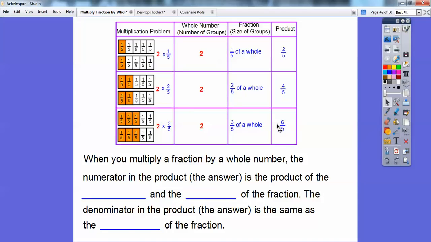And the denominator in the product is the same as the denominator of the fraction that we started with. So this is the whole number, this is the numerator, and this is the denominator of the fraction. That's what that's trying to say. So when you're multiplying fractions, I just multiply the whole number times the numerator and keep the denominator the same. 2 times 3 equals 6, and since we're talking about fifths, it's 6/5.